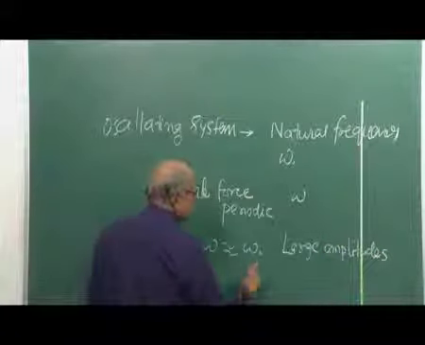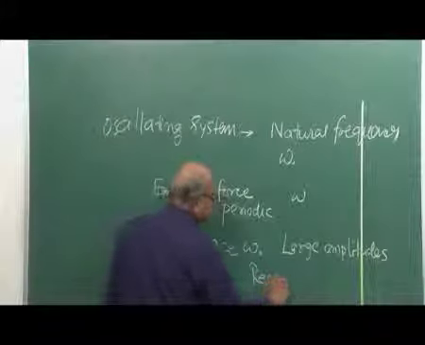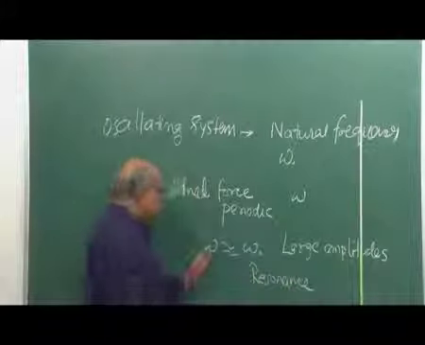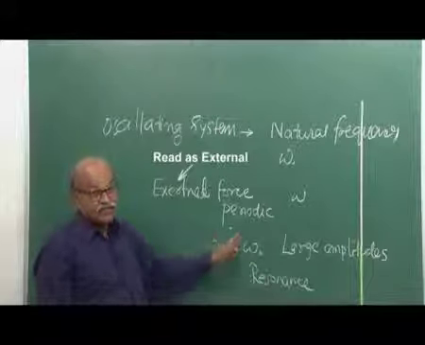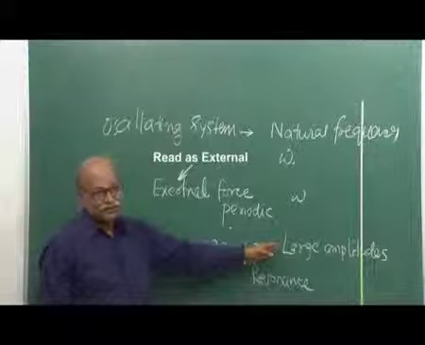That is called resonance. And if omega and omega naught differ from each other significantly, then the amplitudes are smaller.